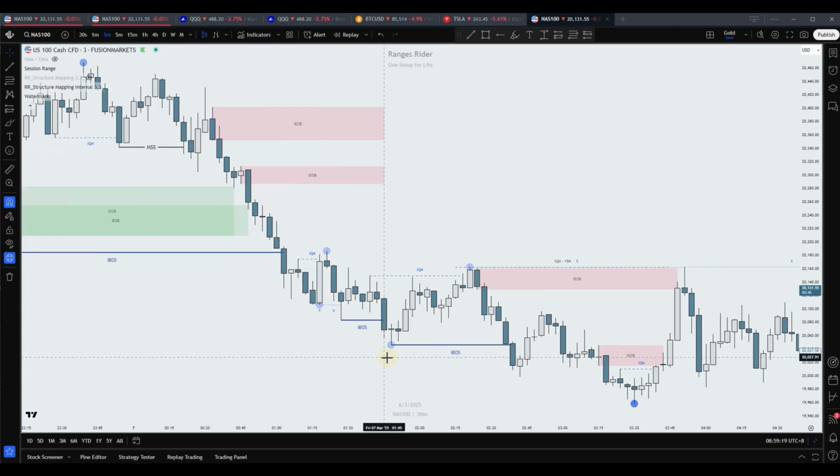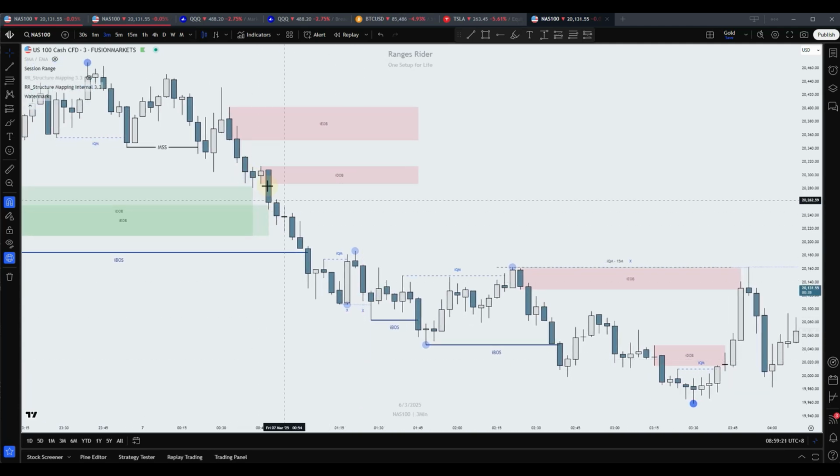And now look here. Look, this is the range starting from there to here. And after the QM, like I said, for some people this is the market structure shift, but for us it is a QM.